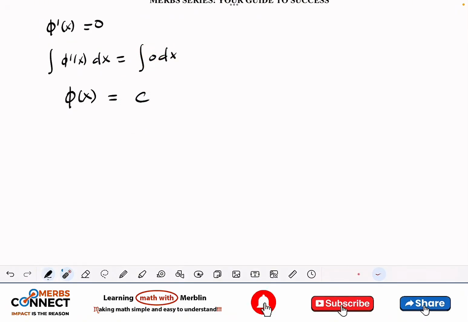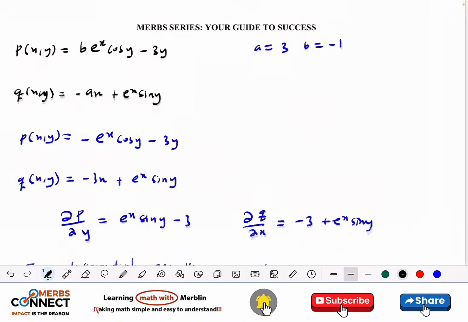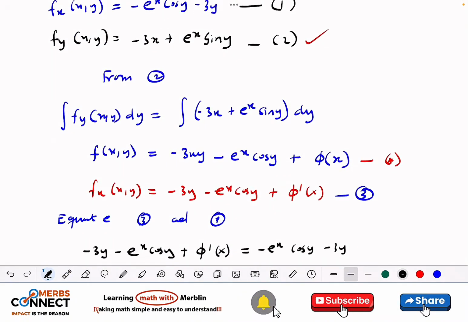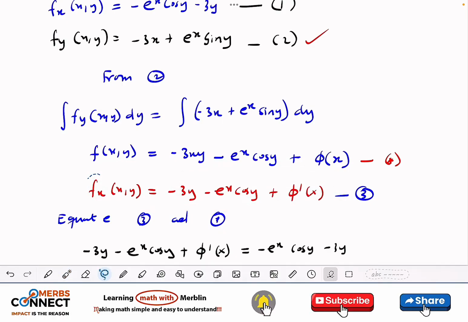Good. So now that I know phi of x, let me call it equation 4. I'll put equation 4 into my special equation, equation star. So let's go for equation star. Equation star is here. So let me just copy that.